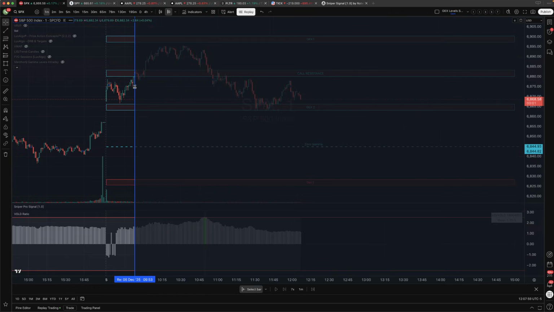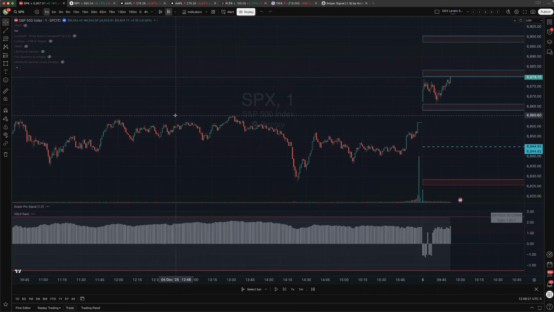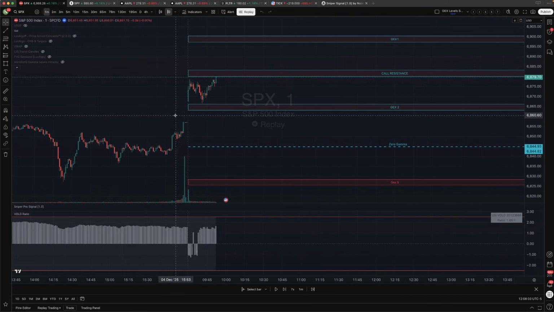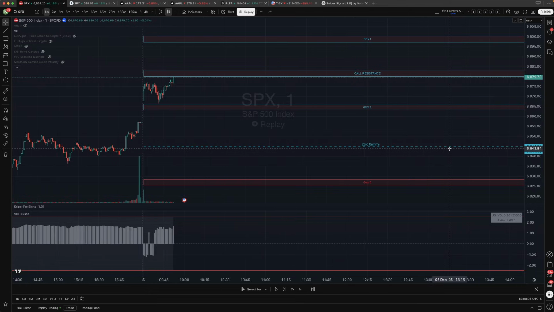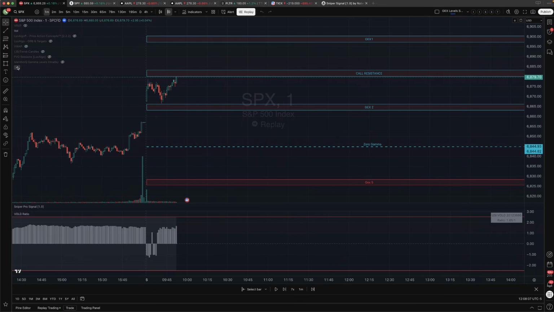Here we go. So this morning, I'm looking to play the 15-minute ORB. Everybody can see that, right? Looking to play the 15-minute ORB. And this level here, 68.80, was the largest call value at that time and was most likely going to act as a little resistance.